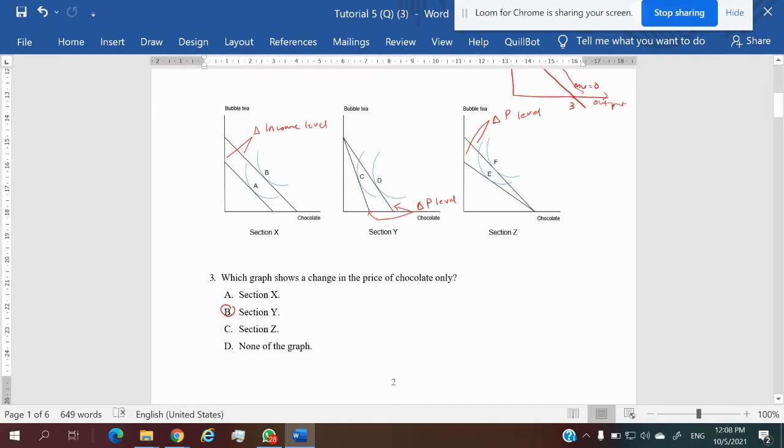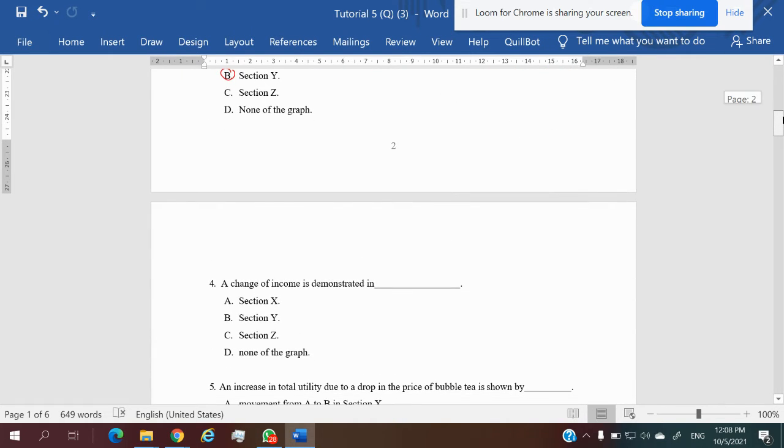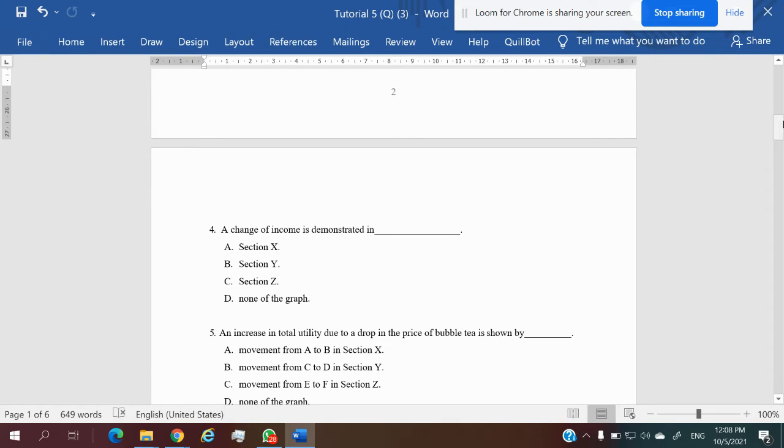So for question number 4, the answer is section X.